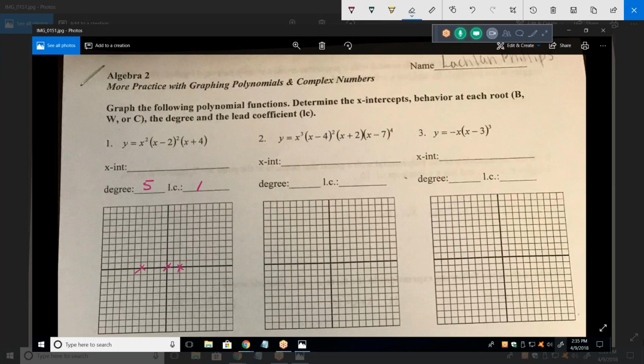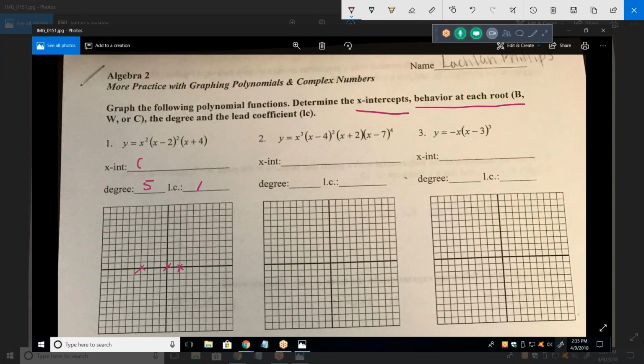All right. Now we've determined the x-intercepts. Next is the behavior at each root. By that, what they mean is, does it cross the axis or does it bounce against the axis? And that question can always be answered by the multiplicity.